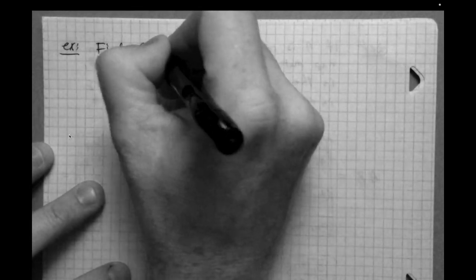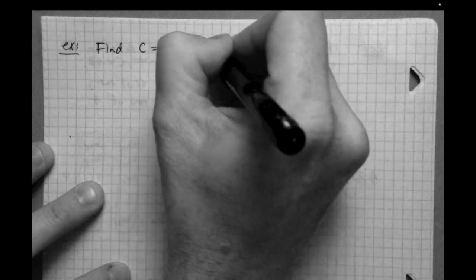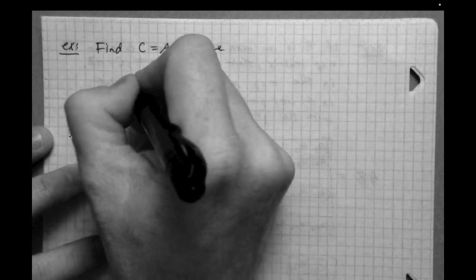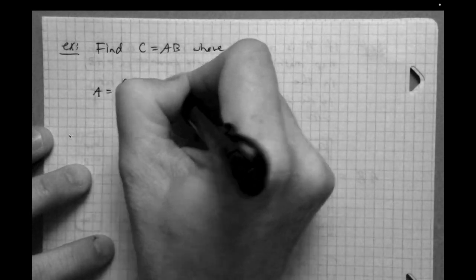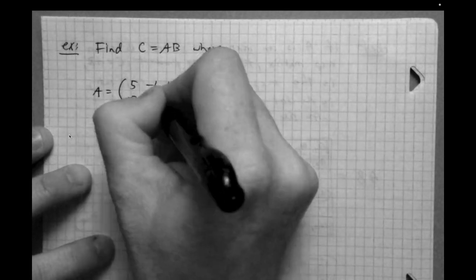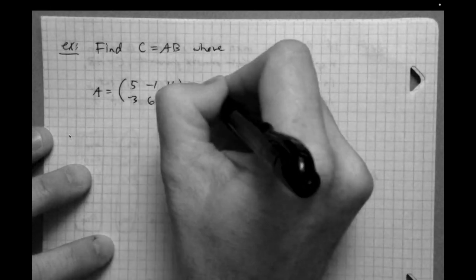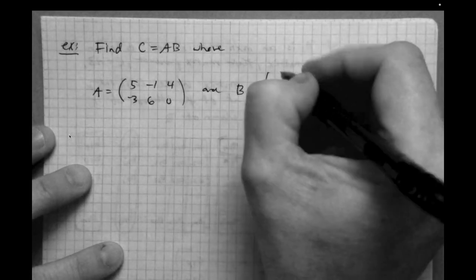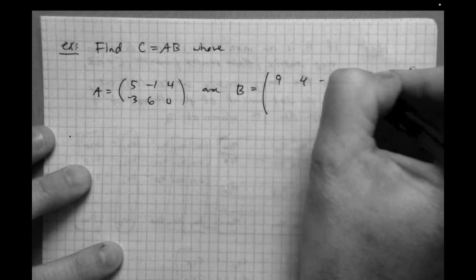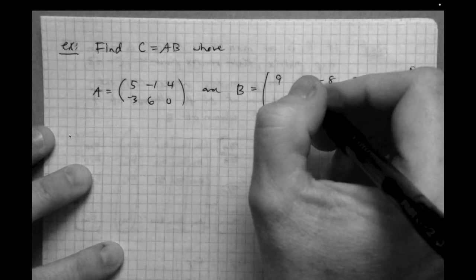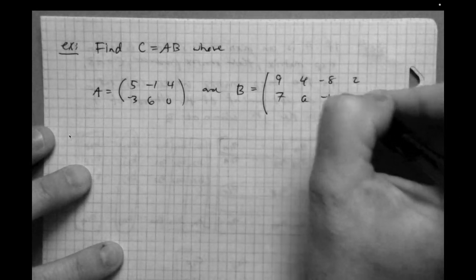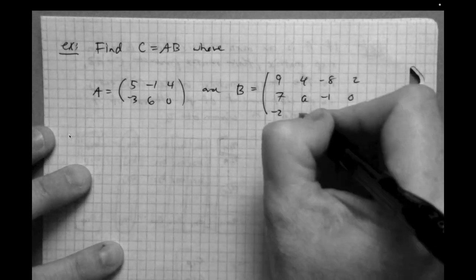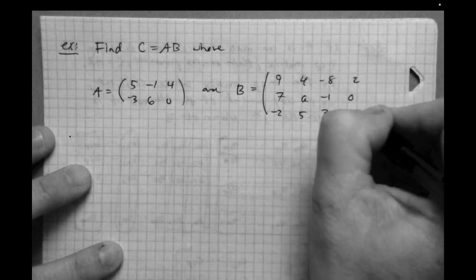So we want to find C equal to AB, where A is, let's say, 5, -1, 4, -3, 6, 0, and B is equal to this larger matrix: 9, 4, -8, 2, 7, 6, -1, 0, -2, 5, 3, -4.